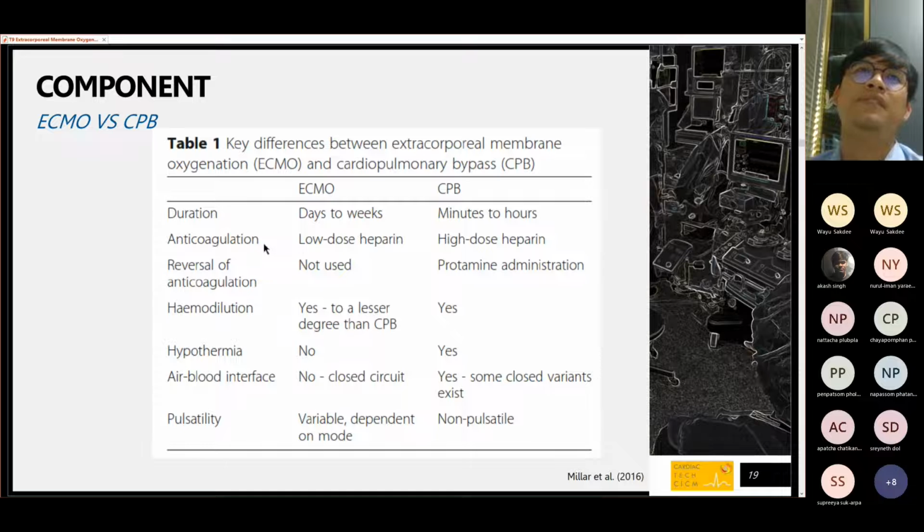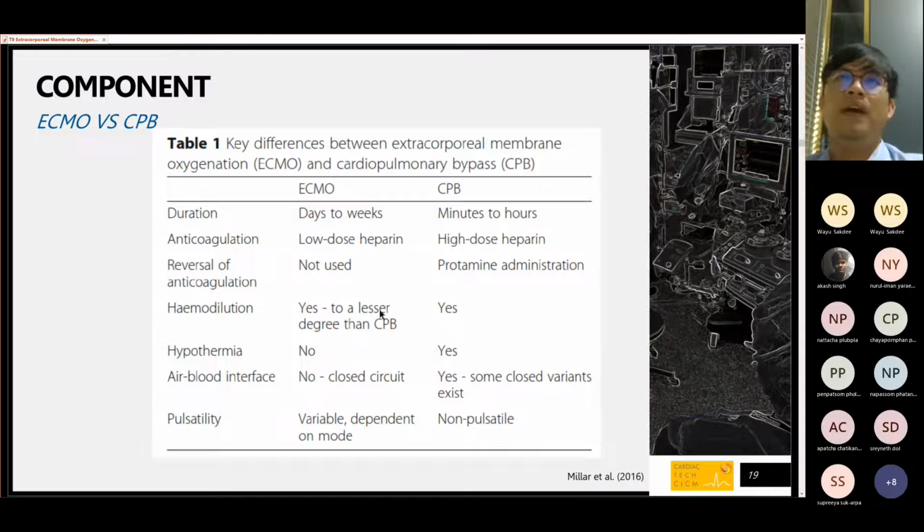And the anticoagulant used in ECMO is lower than in CPB. There is no need to add protamine for ECMO because we need to extend the extracorporeal circulation, so we always add anticoagulation to the patient slowly. Hemodilution occurs on CPB, because with ECMO we try to maintain the patient in an almost normal physiological status.